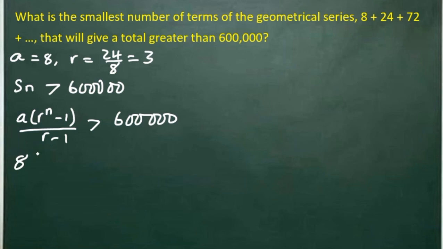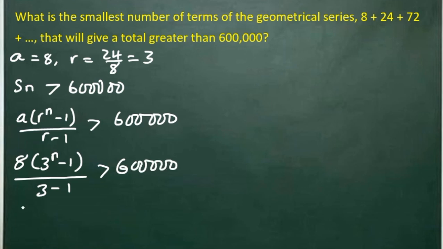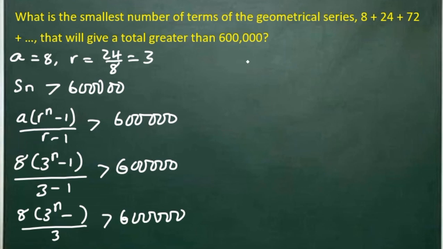So we have 8 into bracket 3 to the exponent of n minus 1, all divided by 3 minus 1, greater than 600,000. When we simplify this, 3 minus 1 is 2, so we have 8 into bracket 3 to the exponent of n minus 1, all divided by 2, greater than 600,000.